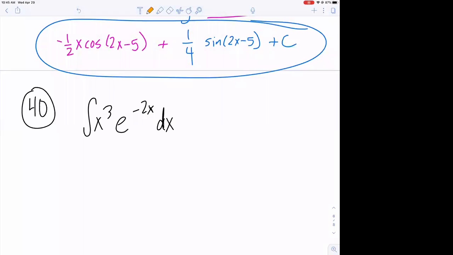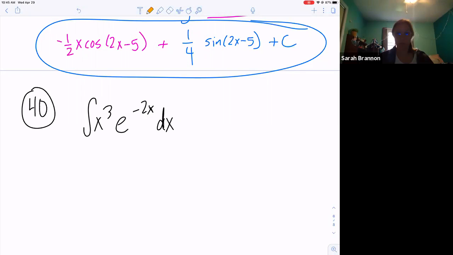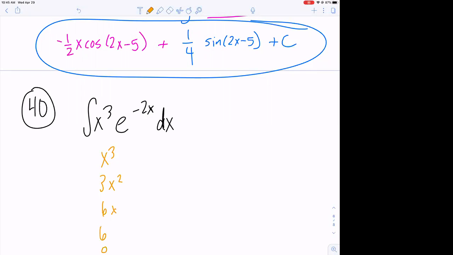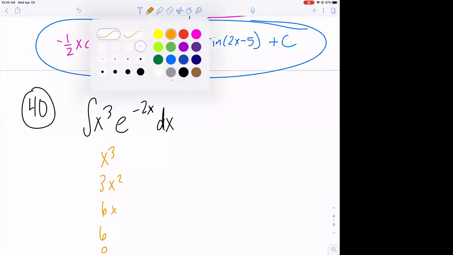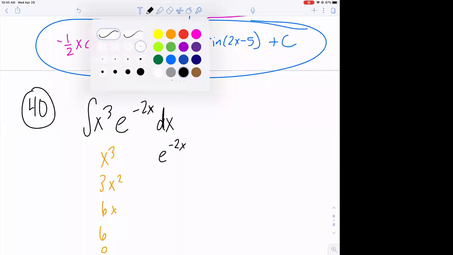All right, how do we set up the shortcut? 2x cubed, 3x squared, 6x, 6. And 0. I like it, but I guess we don't even need 0. And then e to the -2x, and then what are the integrals of those?